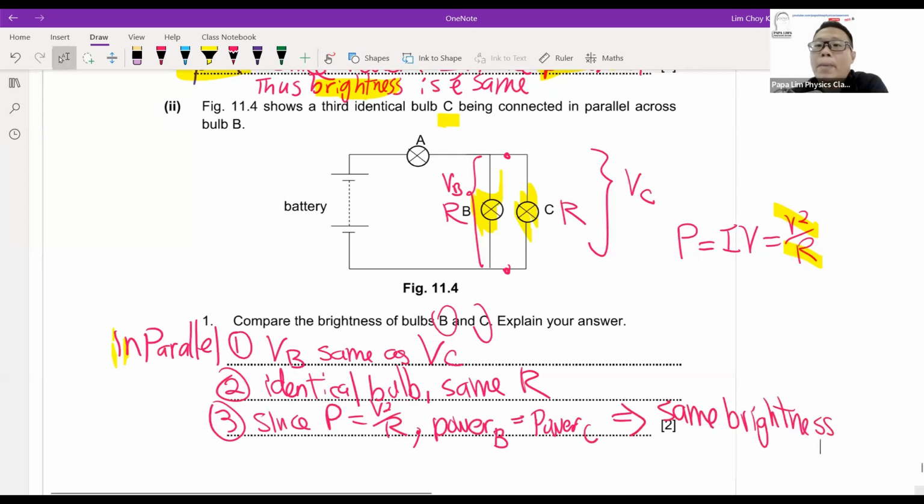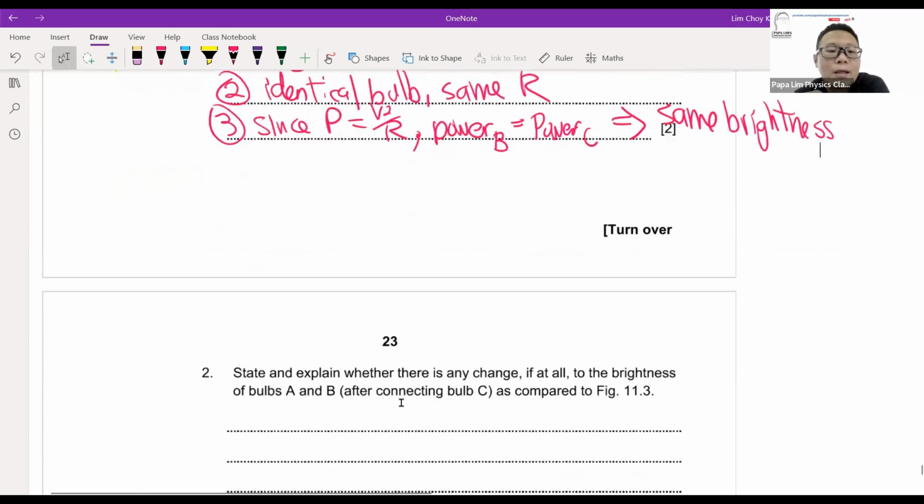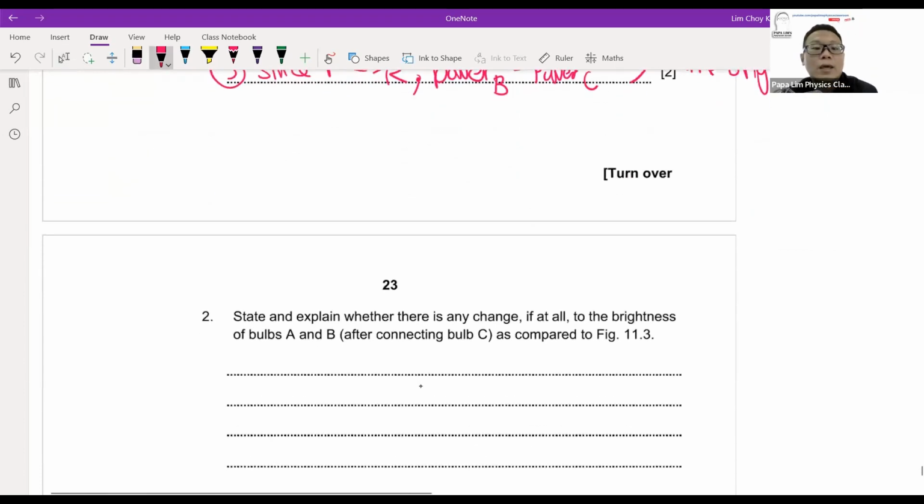Similarly, I unpack what I mean by power in terms of the relevant components V and R. Then I compare V and R to get a satisfactory comparison on the brightness, or what I call the power of the lamp itself.